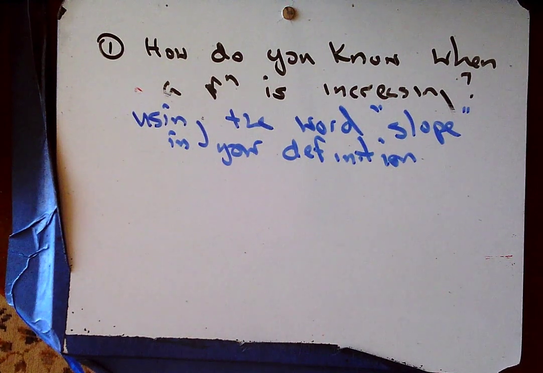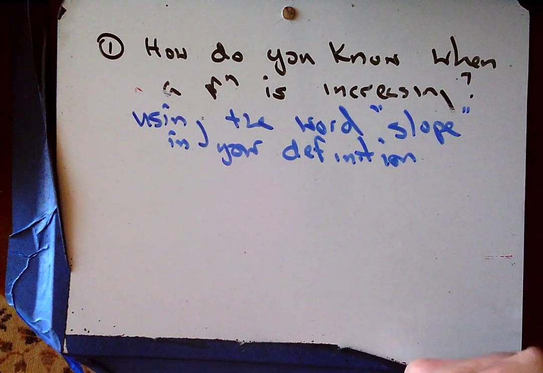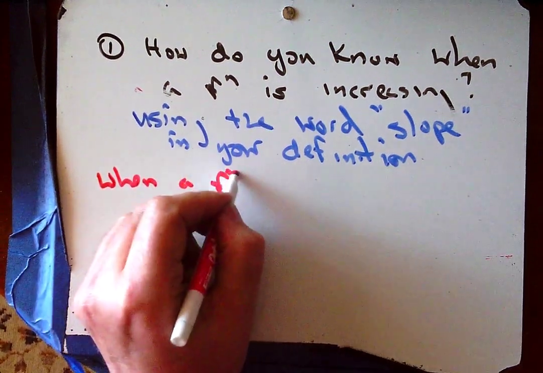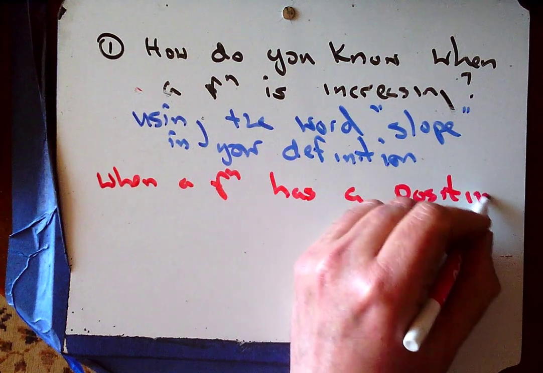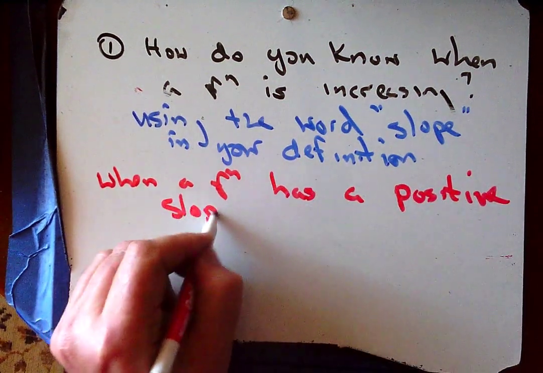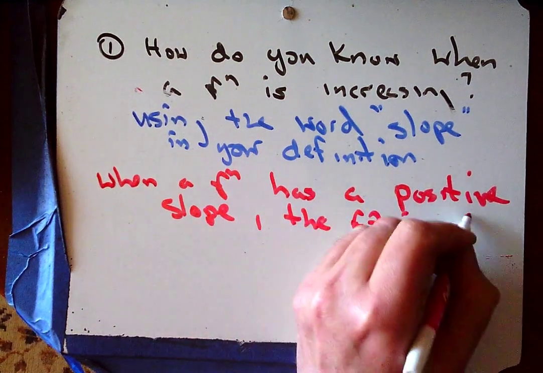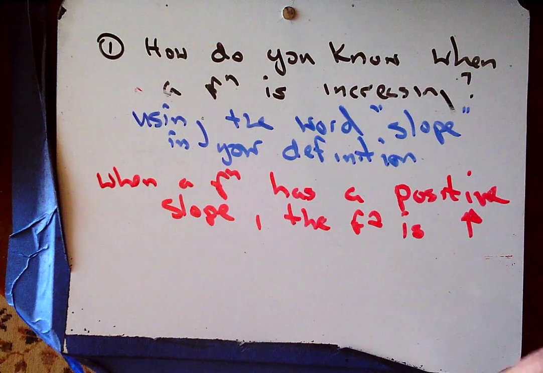Can you think of one? I'd love to call on you now and find out. But instead, I'm going to say, when a function has a positive slope, the function is increasing. So a positive slope means increasing.